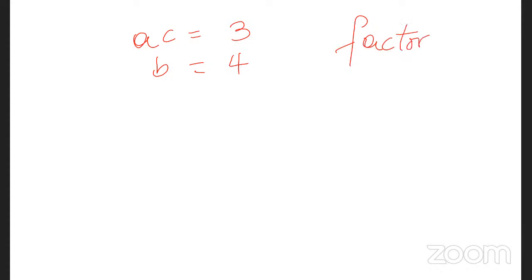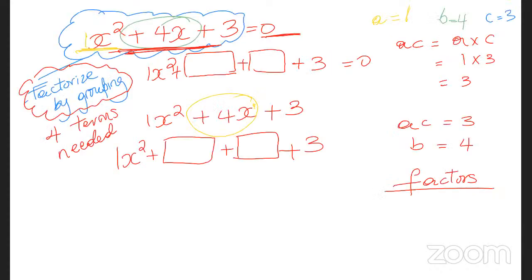So AC equals 3 and B, let me go back to check, B equals 4. Good. So the criteria: AC equals 3 and B equals 4. What we need to do now is find two factors, one to go here and one to go there.